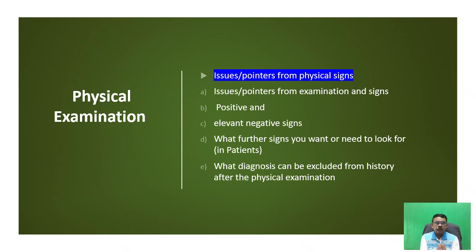So you go back to the patient and find out what further signs you need to look for, which you have not done in the first round. And then at the end of all that, you come to a diagnosis which you can exclude from the physical examination. From the list that you created from the history, what are the few that can be excluded after the physical examination?